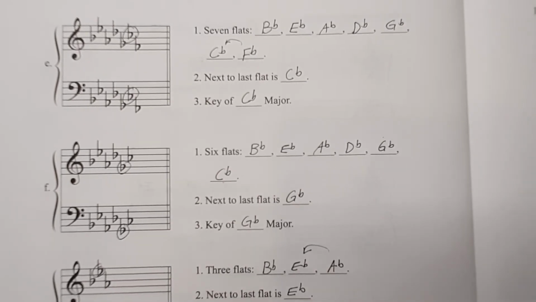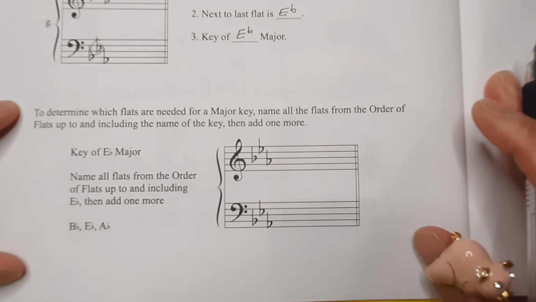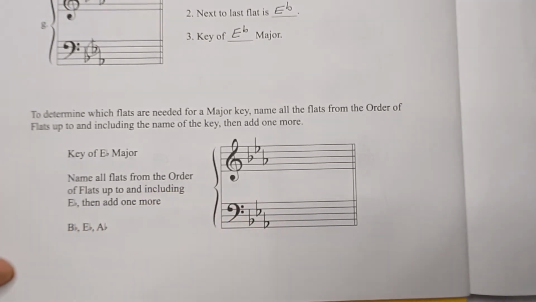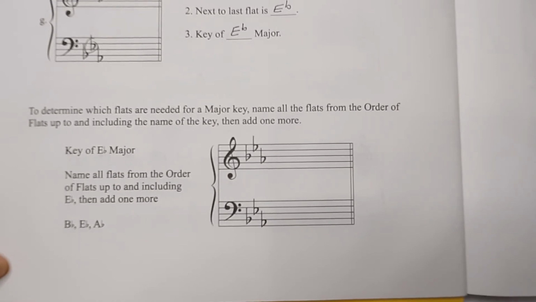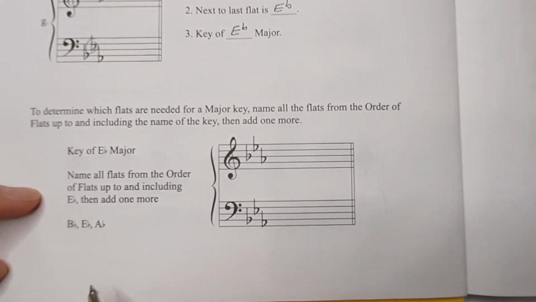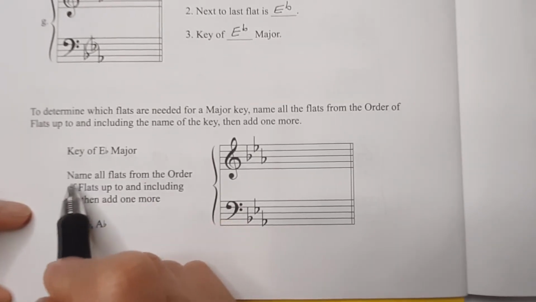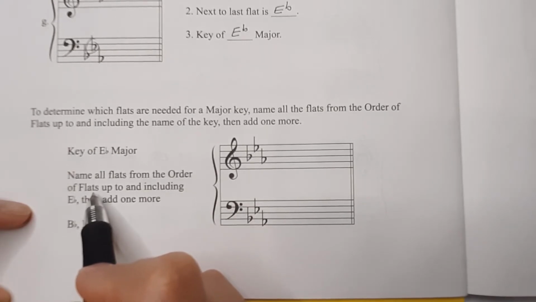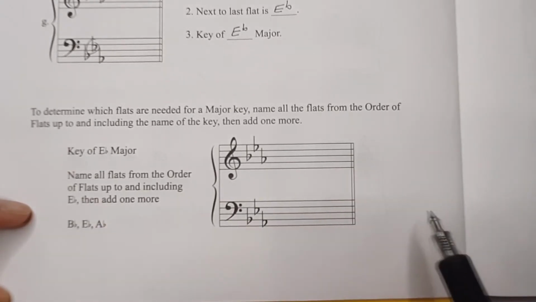Now, when we do this backwards, there's a given key signature. It says E flat major, right? Then we have to figure out how many flats we have in the key of E flat major. This is what you do. In the key of E flat major, name all flats from the order of flats, starting from B, like B, E, A, D, G, C, F, right?